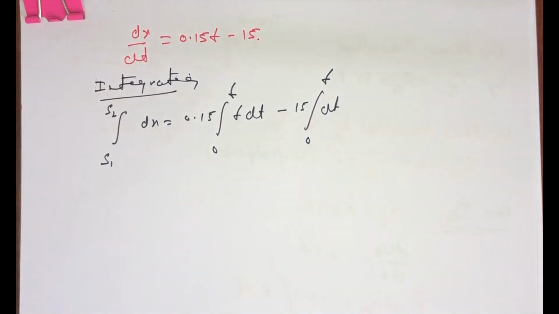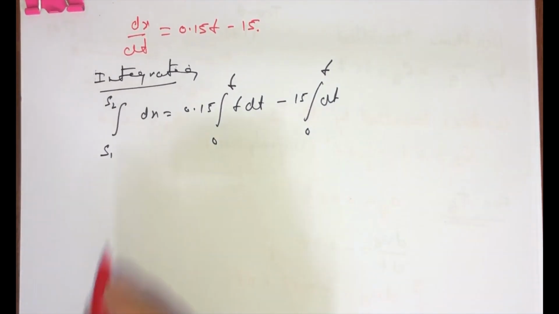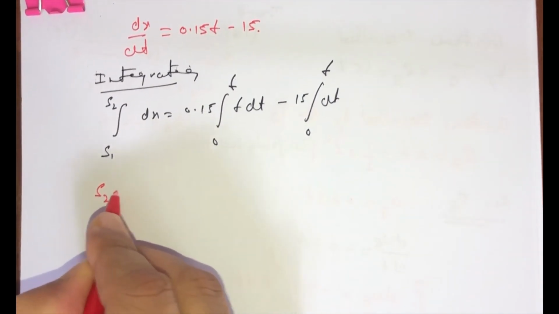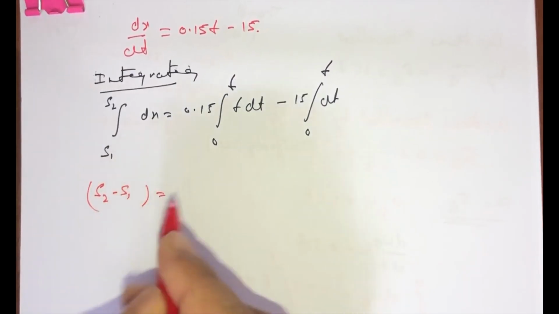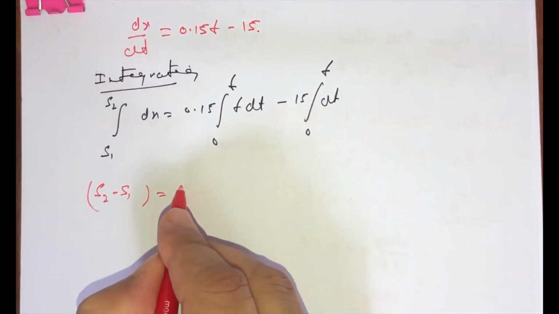So for the solution, we will get s2 minus s1 will be equal to 0.15.